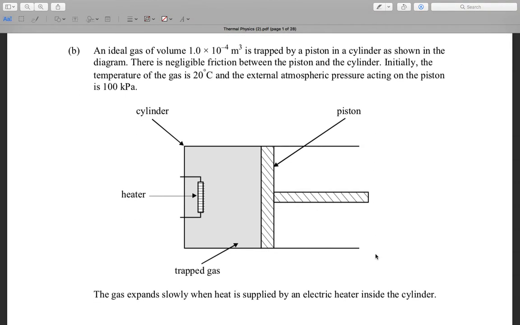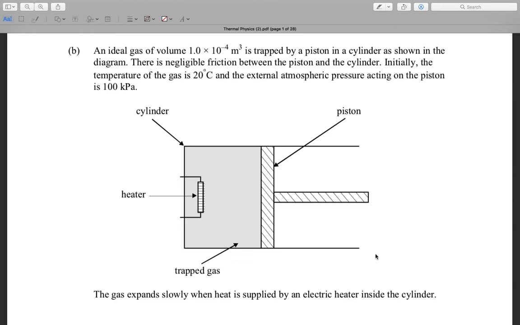On the B question, an ideal gas of volume 1.0 times 10 to the power minus 3 meter cubed is trapped by a piston in a cylinder as shown in the diagram. There is negligible friction between the piston and cylinder. Initially, the temperature of the gas is 20 degrees Celsius, and the external atmospheric pressure acting on the piston is 100 kilopascal.